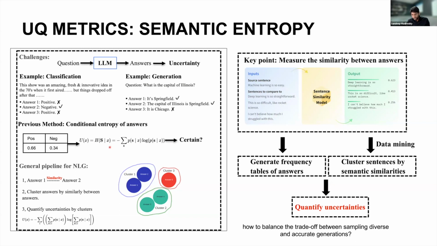Drawing an analogy with how we do uncertainty in the traditional sense with floating point numbers, text generation could be of different lengths, and the same string can be written in different ways. For example, if you ask what is the capital of Illinois, it could be Springfield, or it can be the capital of Illinois is Springfield.